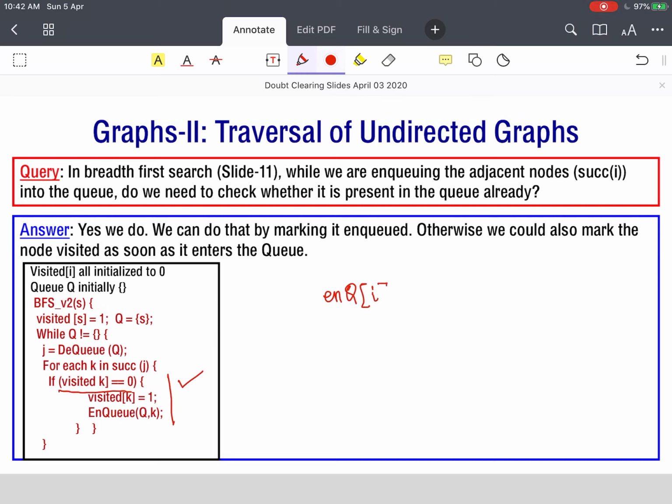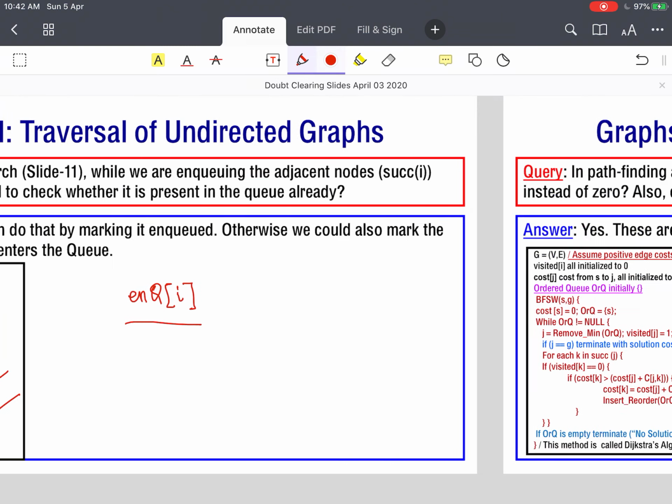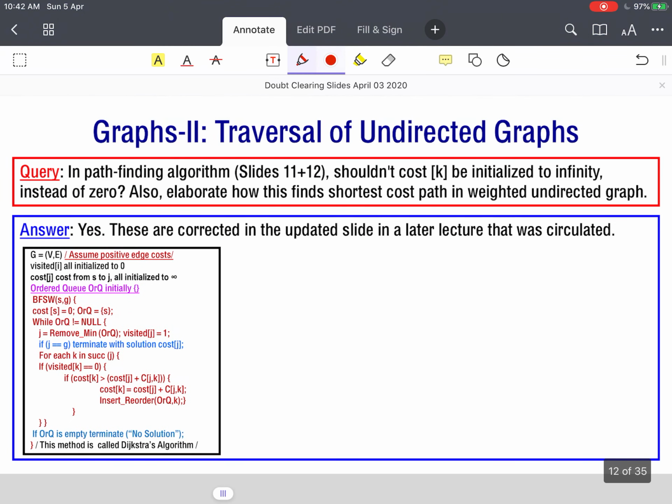But if you want, you could also mark an array nq, which whenever a node goes into the queue, you mark nq as 1, and whenever it is taken out of the queue, you mark nq as 0, and all you need to do is check it in the queue. But in this algorithm, it is not necessary. The visited part takes care of it already.